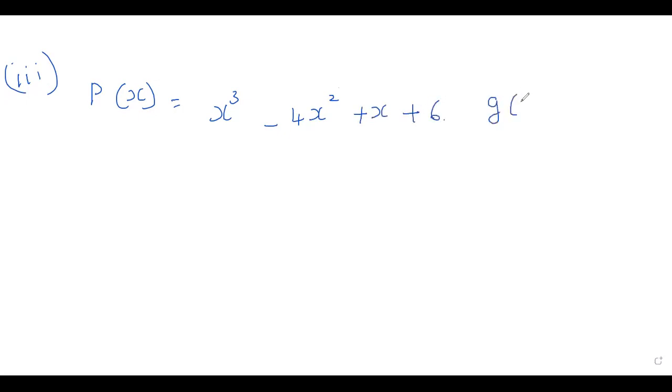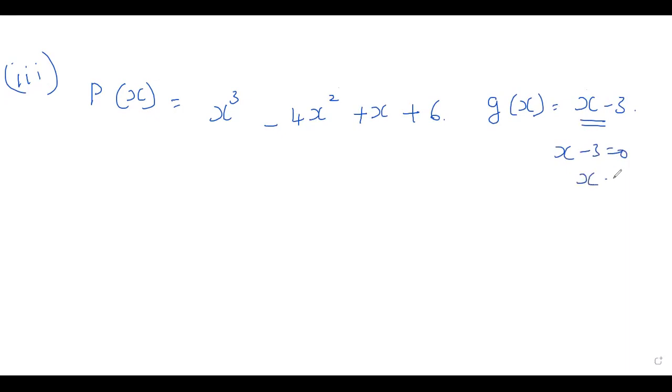I'll go to the third one, children. All of you try the second one. That is also like the previous sum. Third one, p of x is equal to x cube minus 4x square plus x plus 6. So g of x is equal to x minus 3.